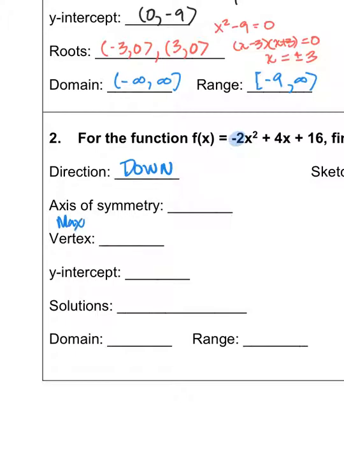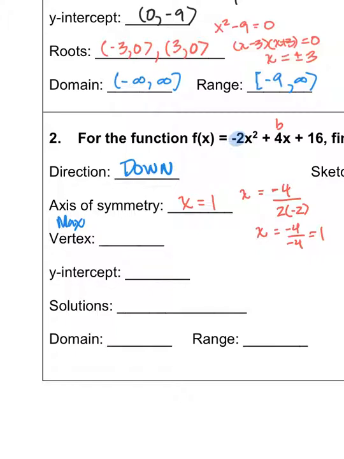Okay, if I want to find the axis of symmetry, x equals negative b, so this is my b value, or the opposite of b, so that would be negative 4 over 2 times a, which is negative 2, and if I simplify that, I get x equals negative 4 over negative 4, which is just equal to 1. So my axis of symmetry is x equals 1.